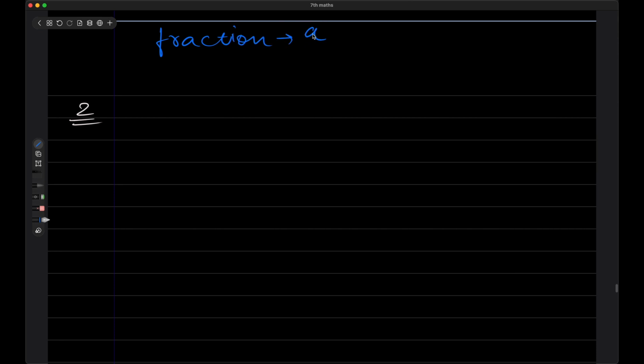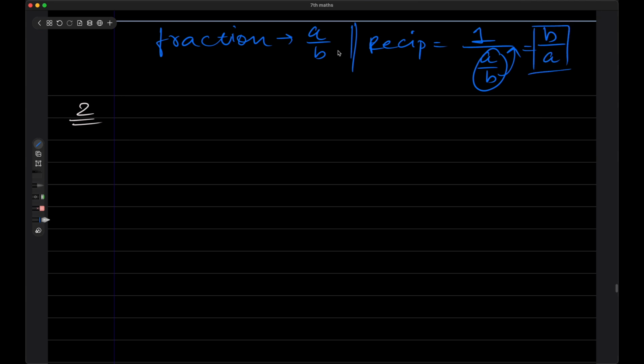Let's say a divided by b is the fraction, then the reciprocal is equals to 1 divided by the fraction, that is a divided by b, and send the denominator to the opposite side, that is b divided by a. We have to interchange the numerator and denominator, and that will be the reciprocal of the given fraction.